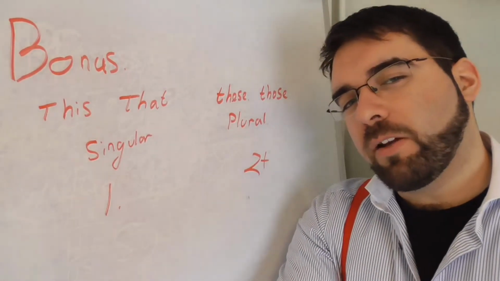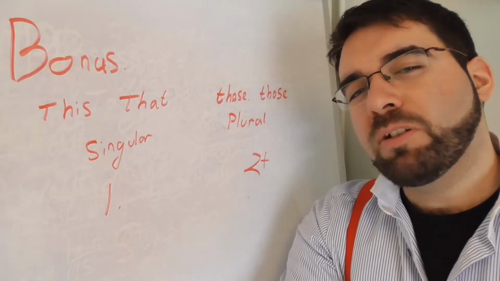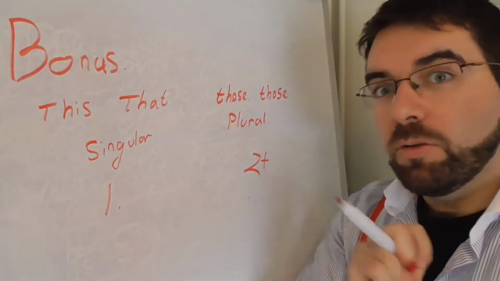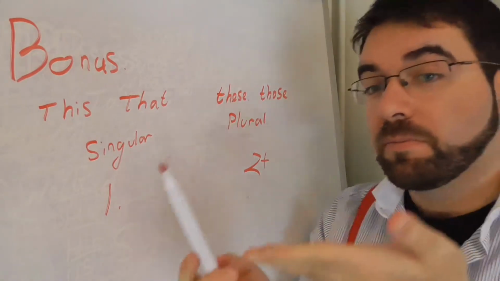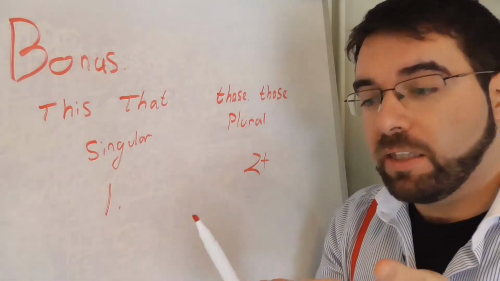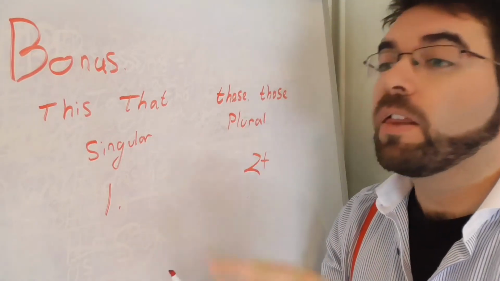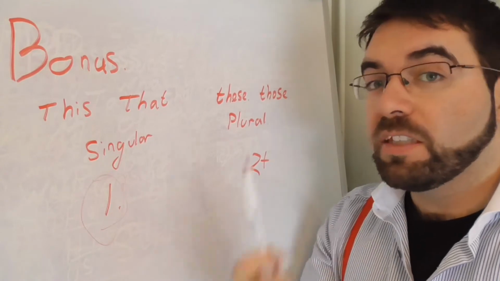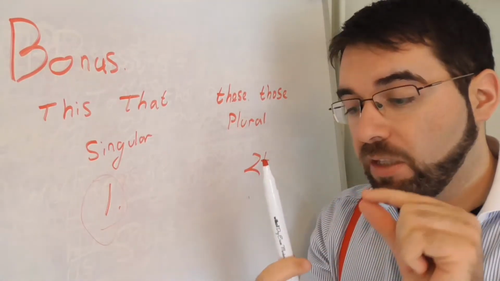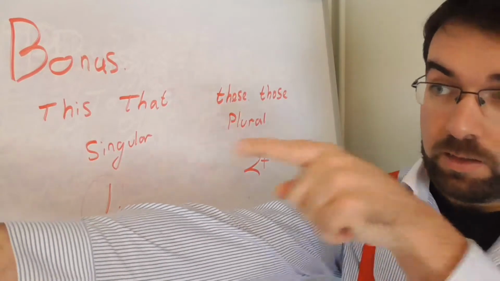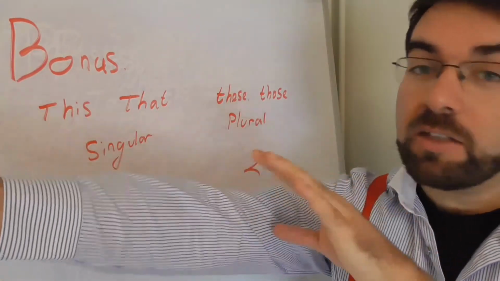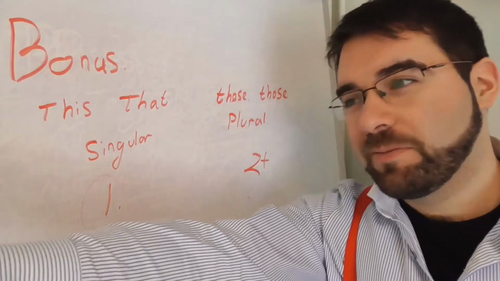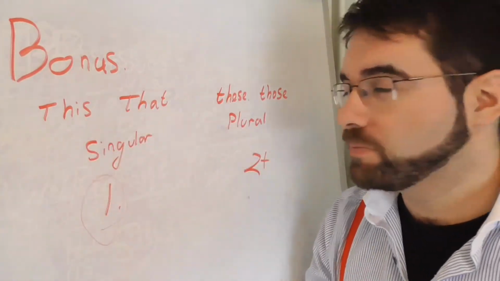But for those that stick around to the very end, a quick bonus lesson for you. This, that, these, those. So this, talking about something that's right here. This is mine. That, singular, so just one of something. This pen, just this thing here in front of me is mine. That pen over there, way over there, you can't see it off the screen. Ooh, that is mine. That thing over there is mine.